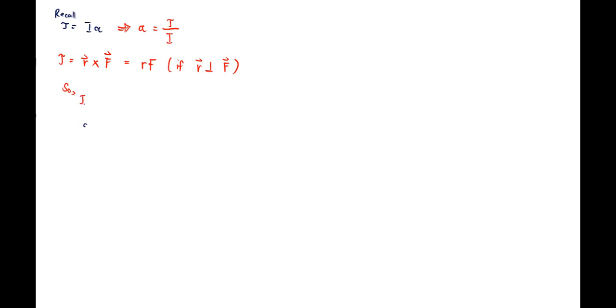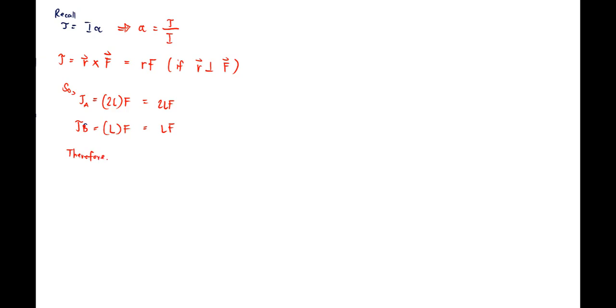The torque for system A is equal to the length of the lever arm, 2L, multiplied by the force, so you have 2LF. For system B, the length of the lever arm is just L, multiplied by F, so this is just L times F. After this, we will use the obtained values for the moment of inertia as well as the values of the torque to find the angular acceleration.